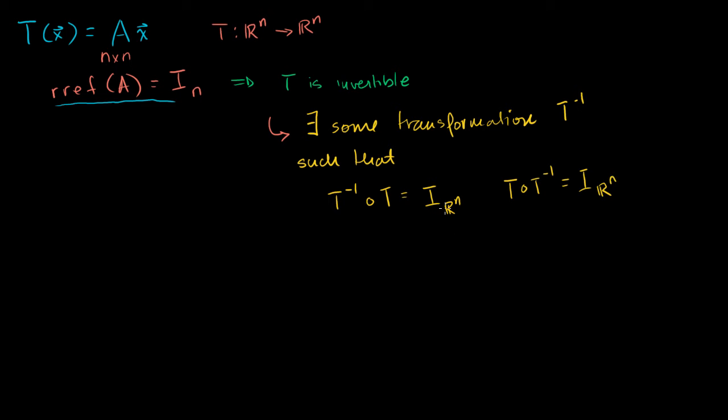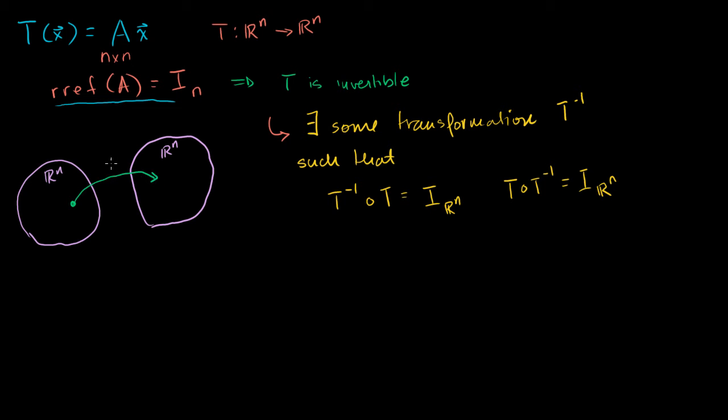And just to remind you what this looks like, let's draw our domain and codomain. Our domain is Rn, and our codomain is also Rn. So if you take some vector in your domain and apply the transformation T, you're going to go into your codomain. And then if you apply T inverse after that, you're going to go back to that original x. So you apply T and then T inverse, and you just get back to where you started.